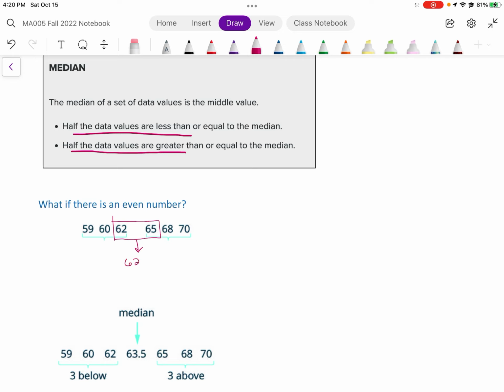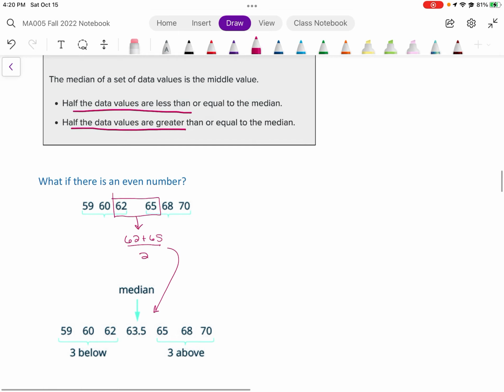So 62 plus 65 over 2, because there's 2 numbers there. And that gives us 63.5. And that is halfway. If you put them on a number line, it would literally be halfway between 62 and 65. And notice there are 3 numbers below, and there are 3 numbers above.